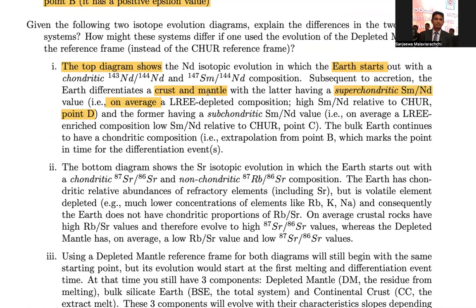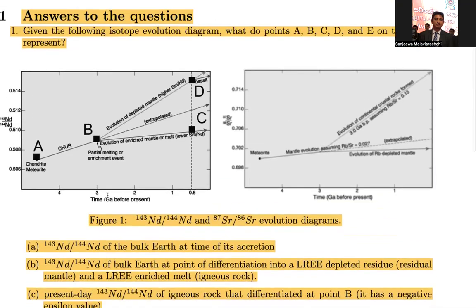The latter means mantle. Okay, let's see here. Right. After B, what happens to the mantle? The evolution. After the differentiation, it produced two reservoirs. One is the continental crust, and the other one is the depleted mantle. So the mantle evolves here with the superchondritic ratio. That means a greater slope, right? Greater slope than the chondrite. The slope of the chondrite is given here, right?